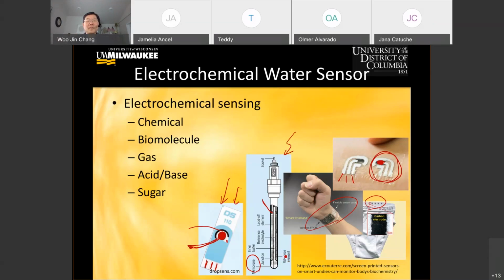But this simple printed electrode can replace this very complicated, expensive and even fragile pH meter. So it is quite a successful approach to make a solid and robust pH meter that can replace the typical pH probing system.